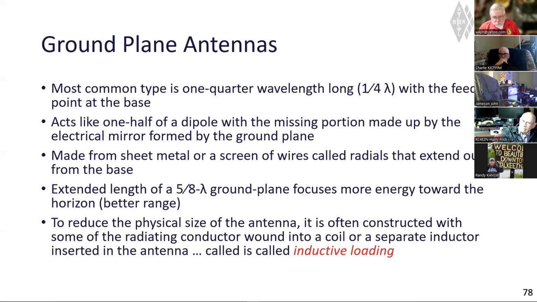To reduce the physical size of the antenna, it is often constructed with some of the radiating conductor wound into a coil, or a separate inductor inserted in the antenna, called inductive loading.